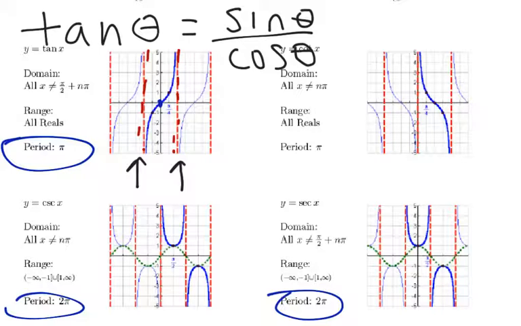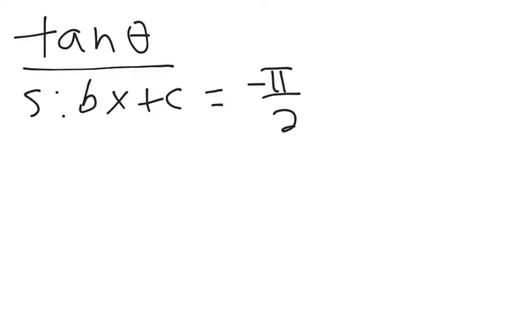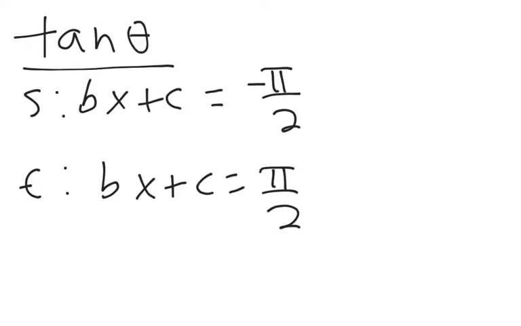Those values turn out to be your start, bx plus c equals negative pi over 2, and your end, bx plus c equals positive pi over 2. So the idea behind finding your points doesn't change. You're still finding your start for negative pi over 2, and your end for pi over 2.